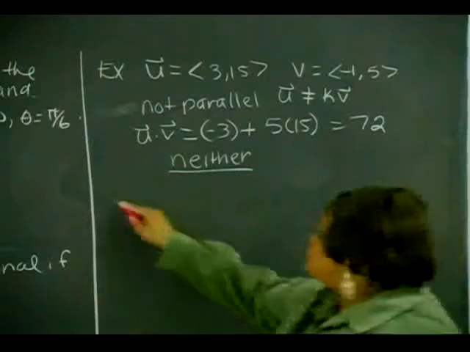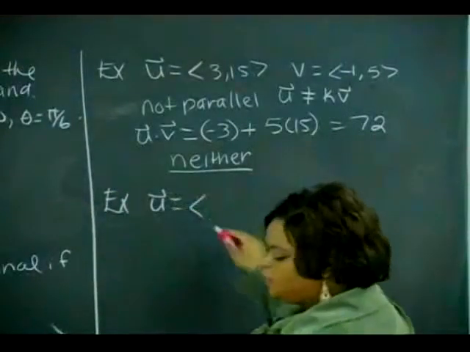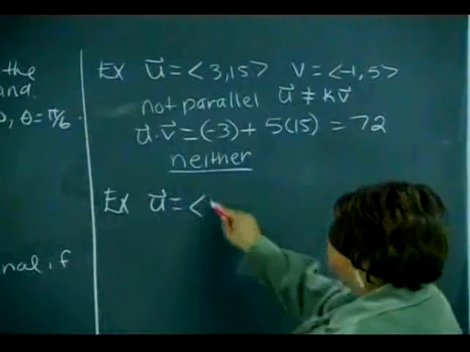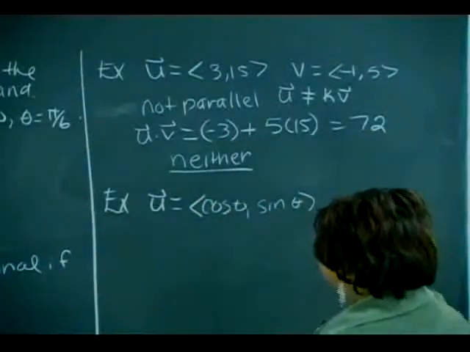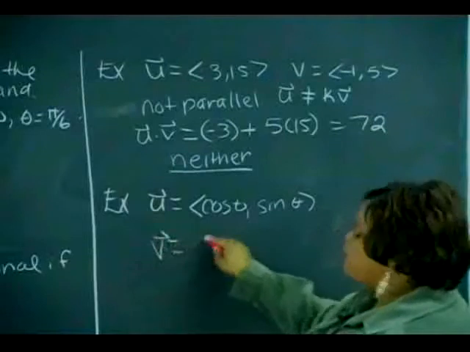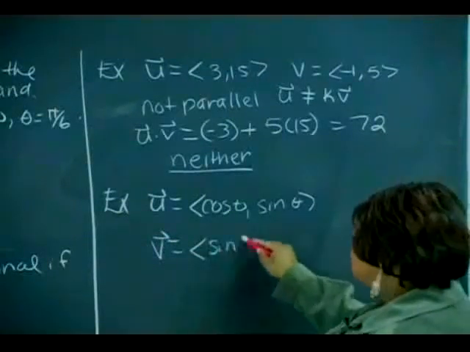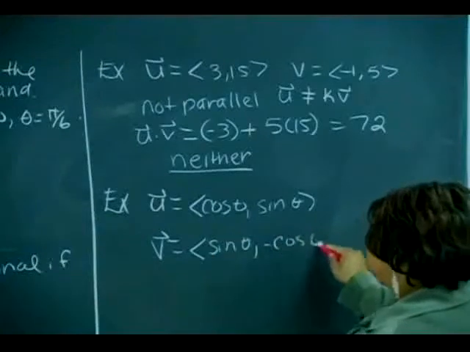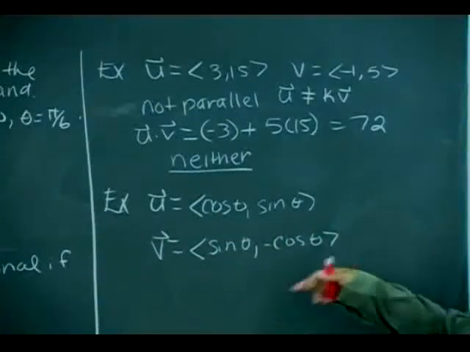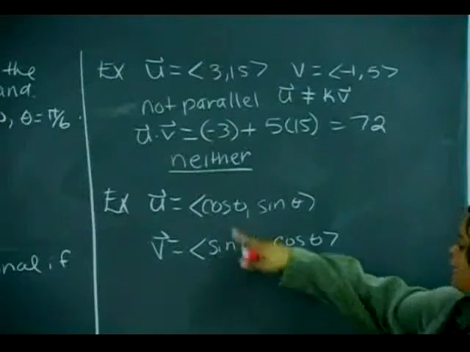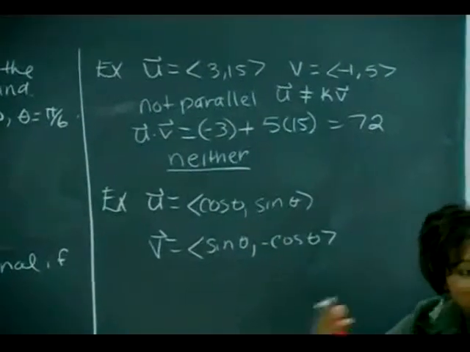Let's look at another example. Suppose U is a vector with components cosine theta, sine theta. And V is a vector with components sine theta, minus cosine theta. Now, I cannot multiply any one of these by a constant and get to the other. No way I can multiply sine by some constant and get the cosine.